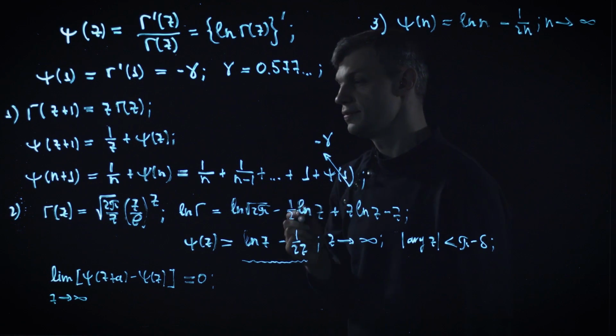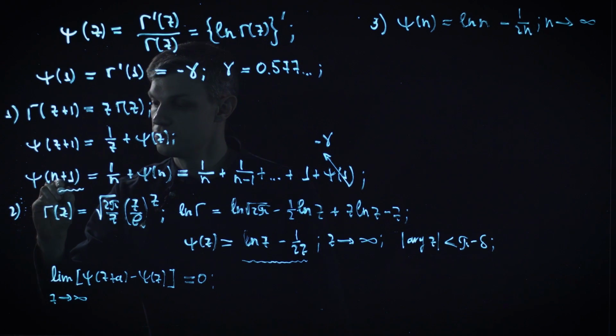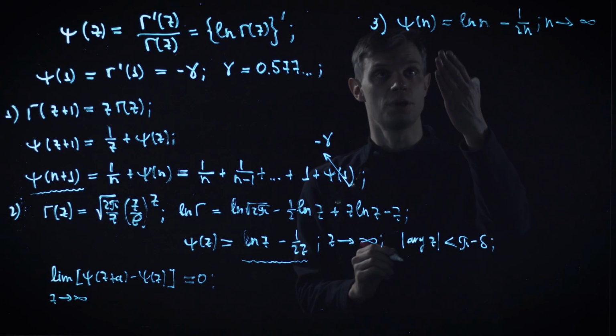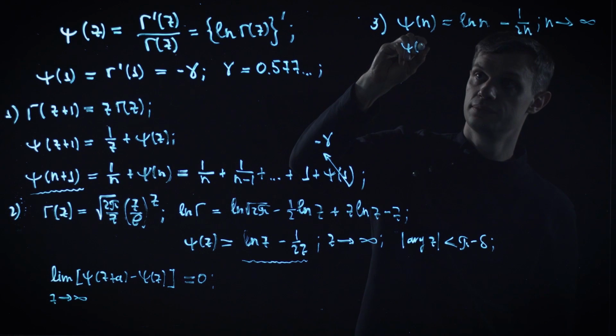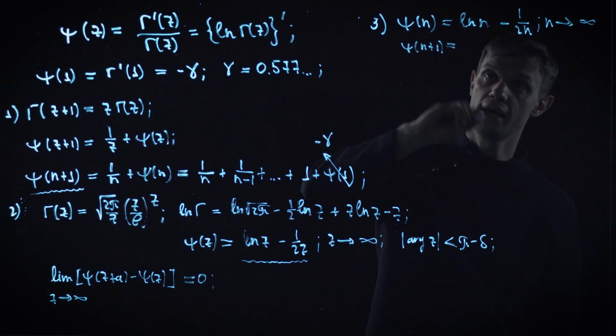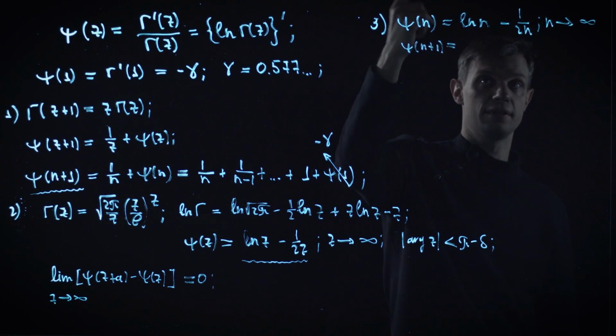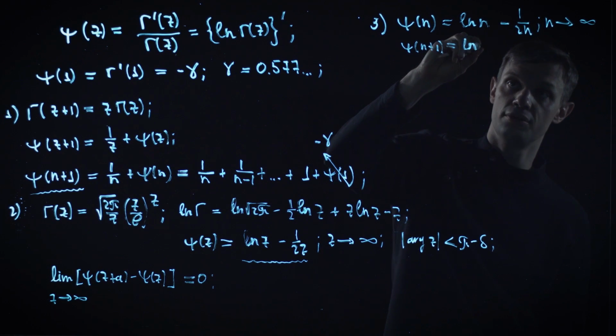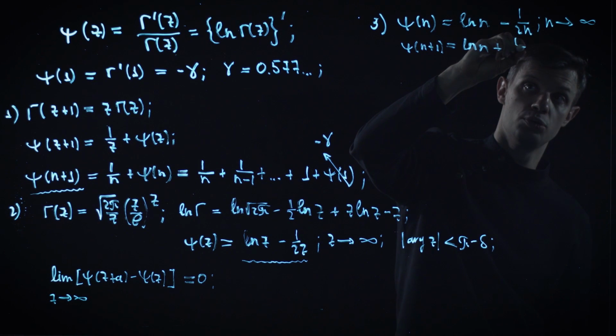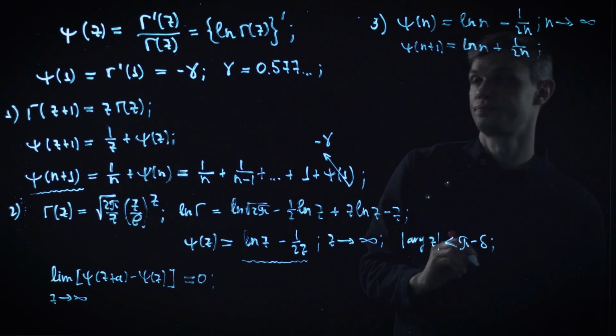Or rather, since we have this useful representation, we can rewrite this asymptotics for n plus 1. Well, it's slightly more suitable. Again, we just plug in n plus 1 in the logarithm, and in the leading order we'll get just the same logarithm, but plus 1 over 2n.